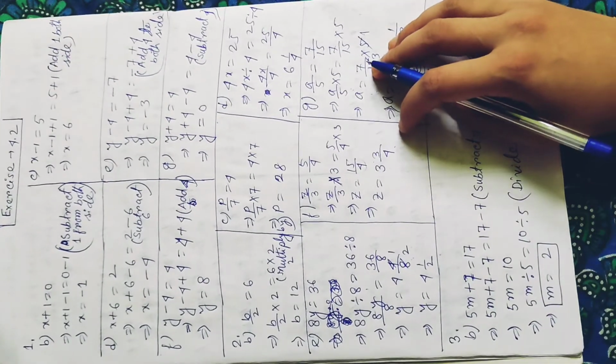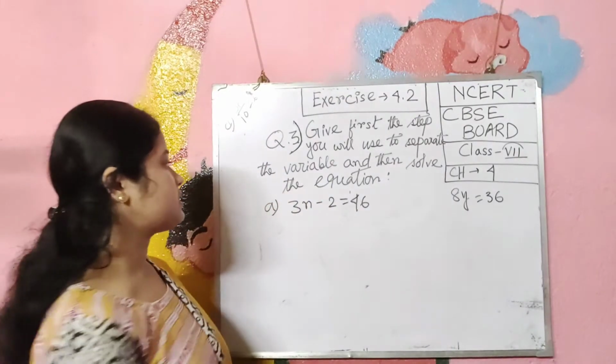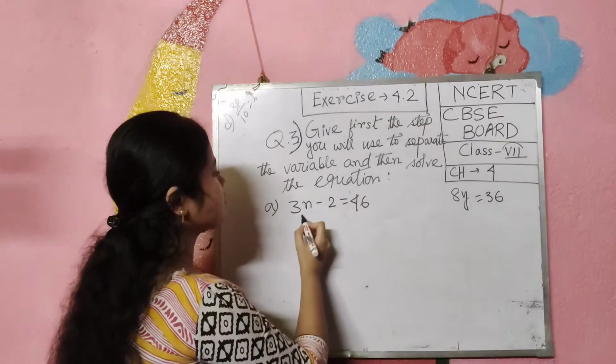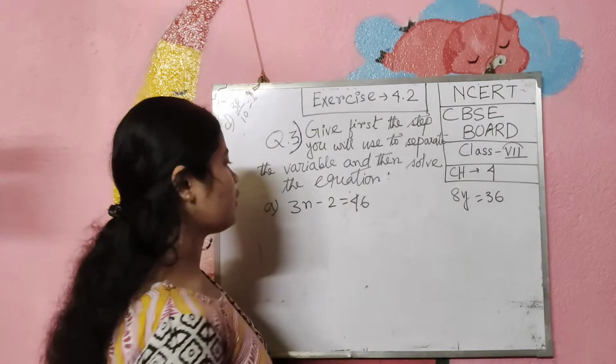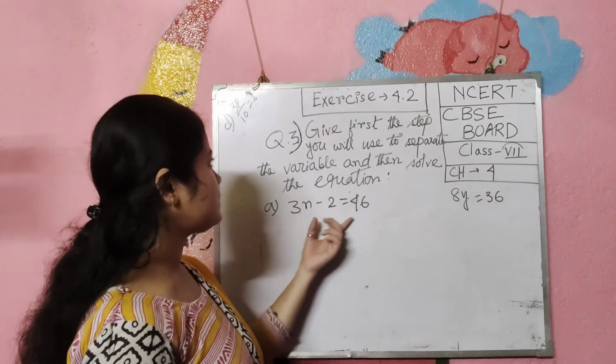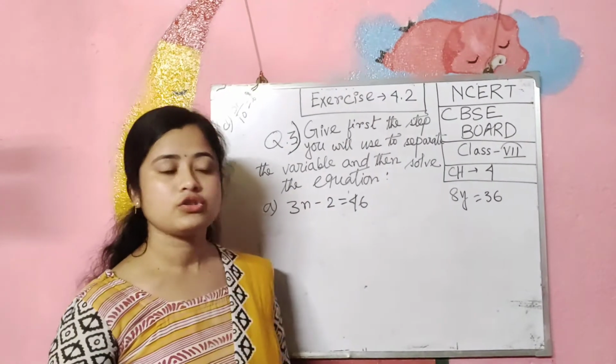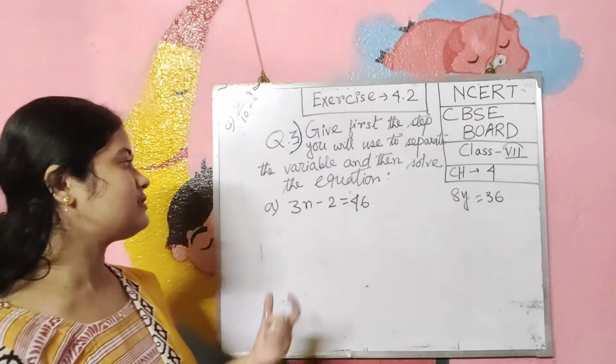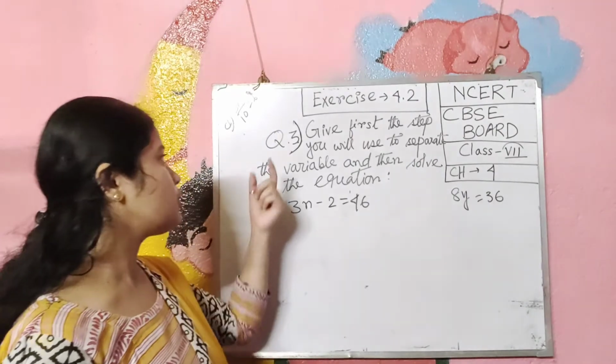That is question number 3. Question number 3's first question is 3n minus 2 equals 46. It is also the same process. I will solve the equation, but it is harder than the question number 2.